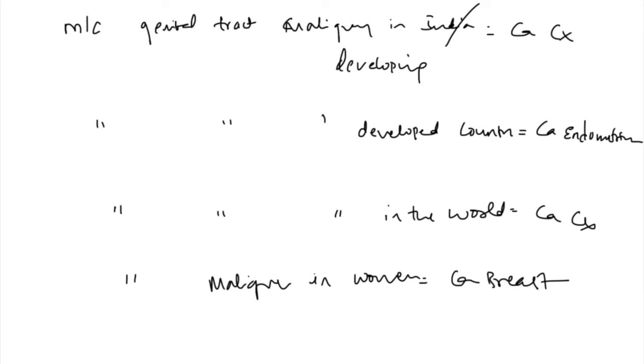Okay, so the patient has come, let's say with CA endometrium. The risk factors have been explained, and then the clinical features. Clinical features are similar to hyperplasia again. They will come with either AUB if she's perimenopausal, or postmenopausal bleeding. Or they can come with pyometra. What is pyometra? Pus inside the uterus.